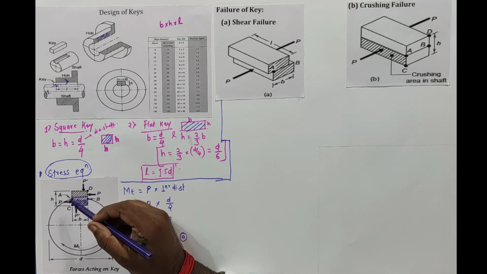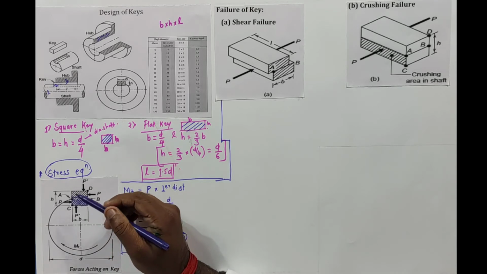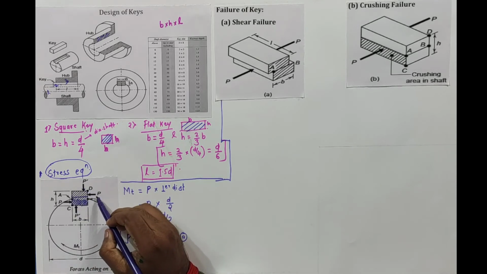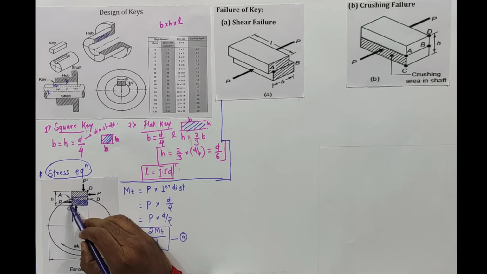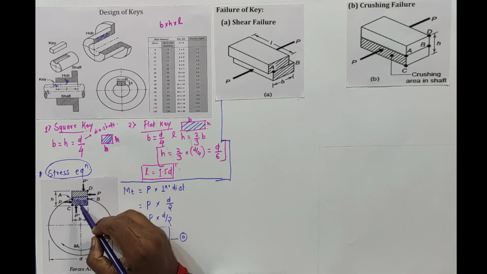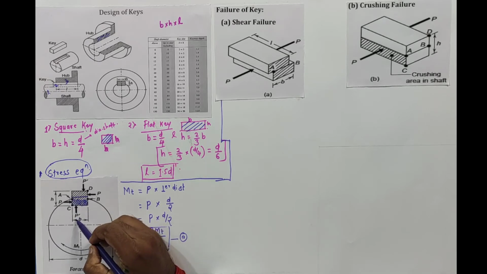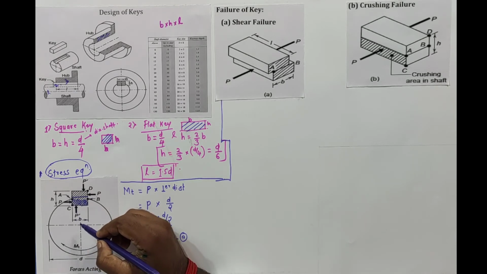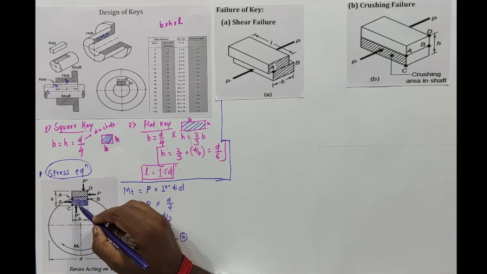Due to these forces, there might be chances of compression, as you can see P is acting top side of the slot, P is acting bottom side of the slot. So this will be called compression. Here also, from top side to bottom side and bottom side to top side, the force is acting. So it means compression occurs while designing this.